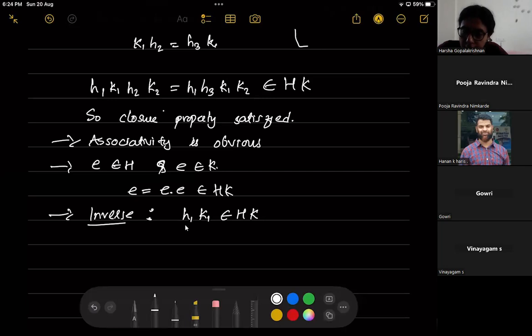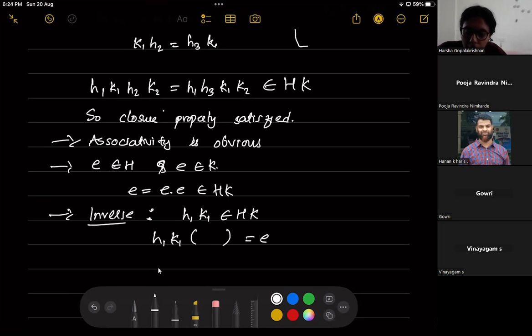The identity exists in G. So, I am asking about the inverse of H1K1. How can I get identity? I am multiplying the element H1K1 by some element. I should get identity.